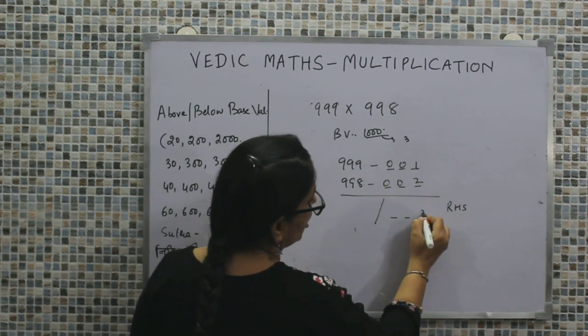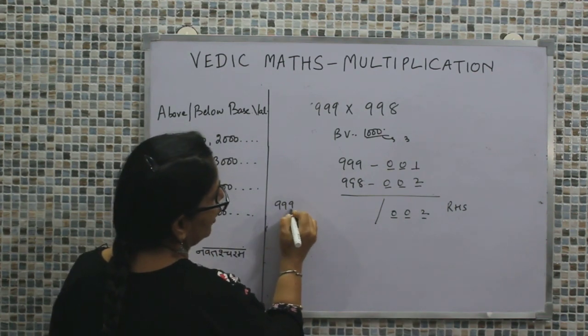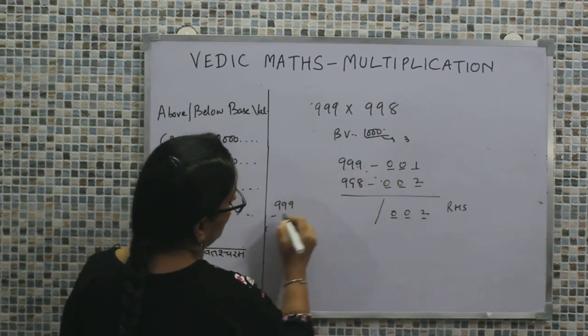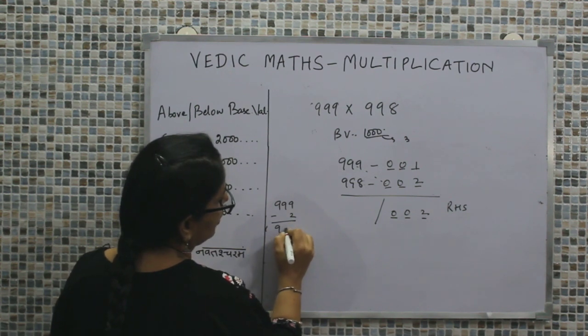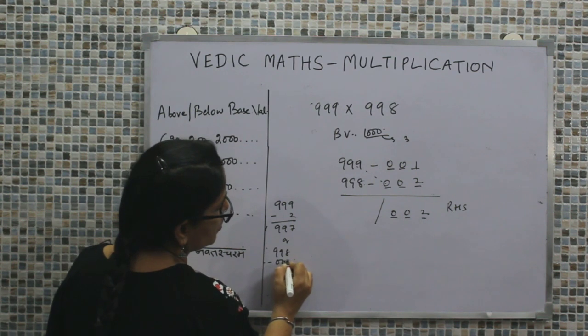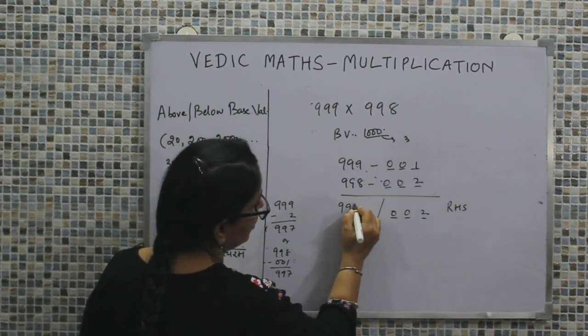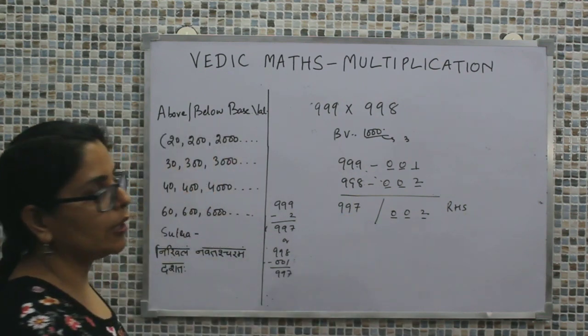2 into 1, 2. For the LHS, we have 999 minus 2, that is 997, or 998 minus 001, that is 997. So we can take either of the calculations. So we have got 997.